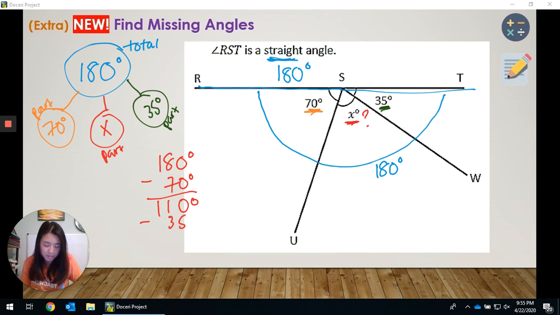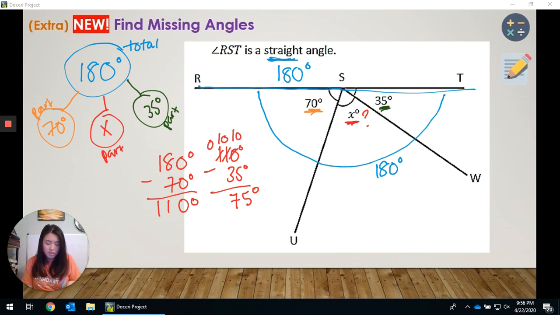I'm going to make sure I write it again. So 110 degrees minus 35 degrees, which is, still can't, it's not ready yet. So 10 minus 5 is 5. 10 minus 3 is 7. All right. So maybe you subtracted twice and got 75 degrees.